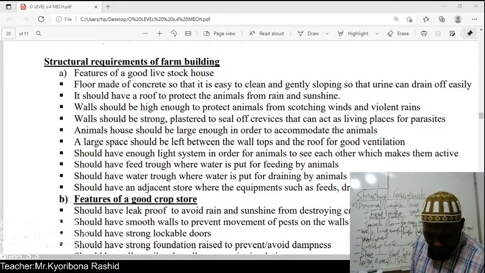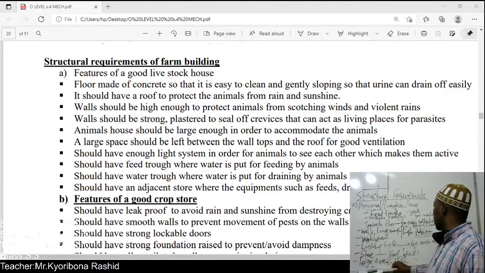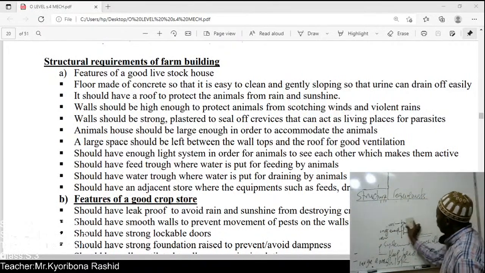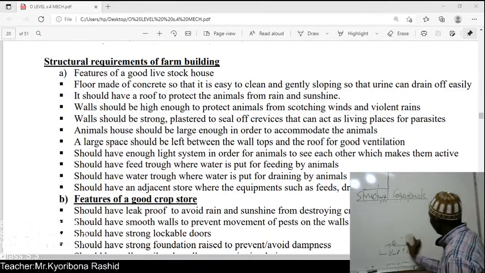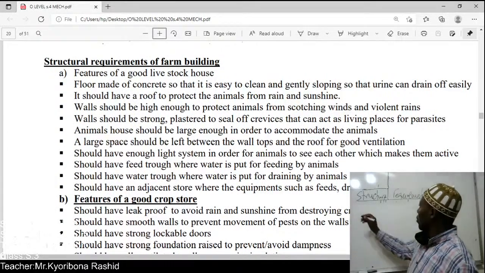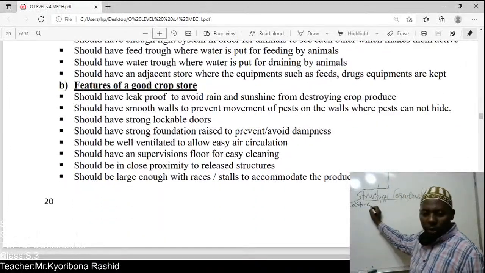I can see there are other structures that you should know. If this is the animal house, what about the crop store? What should be its structural requirement? The crop store.